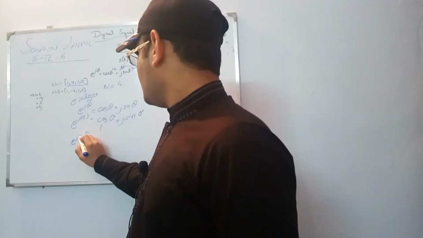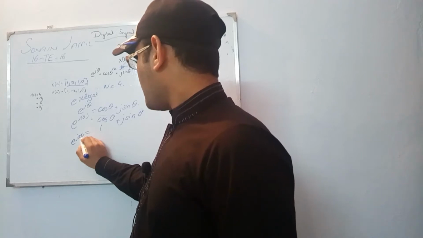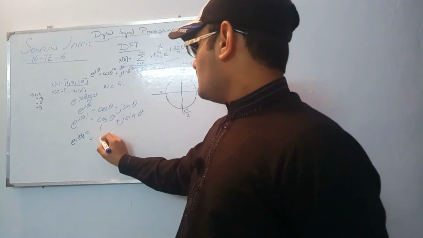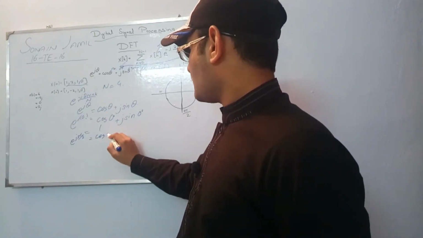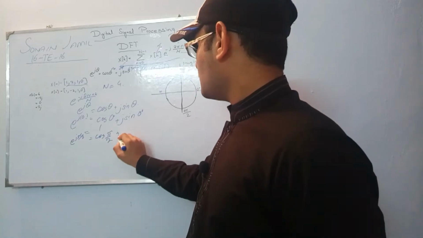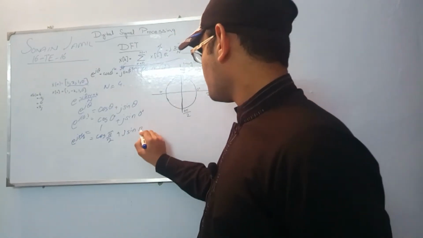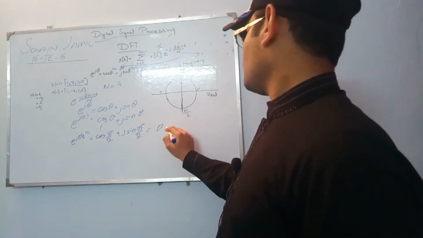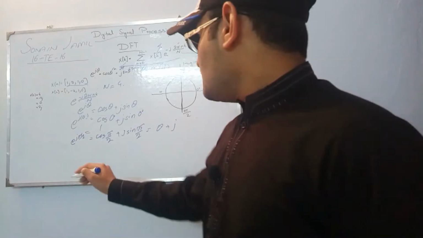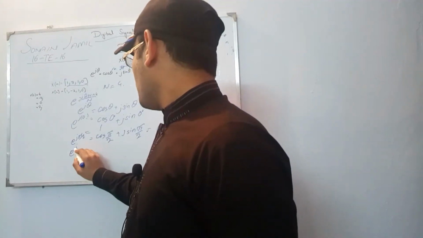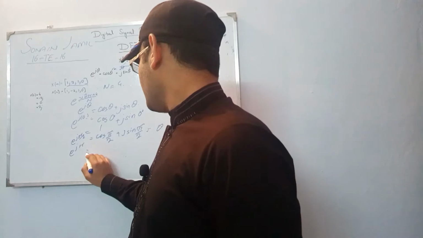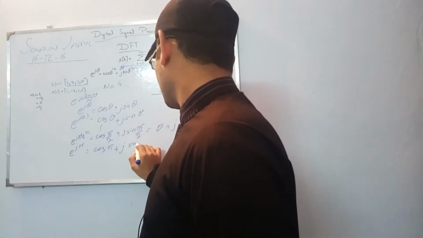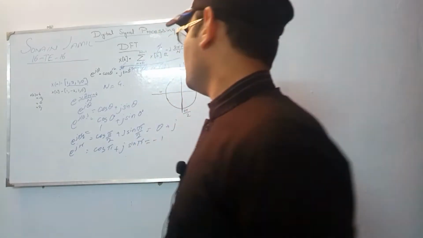Now if we put the value of pi by 2 into this exponential, we will get cos pi by 2 plus j sin pi by 2, which will be equal to j. Similarly, if I put pi in this formula, cos pi plus j sin pi, it will turn out to be minus 1.